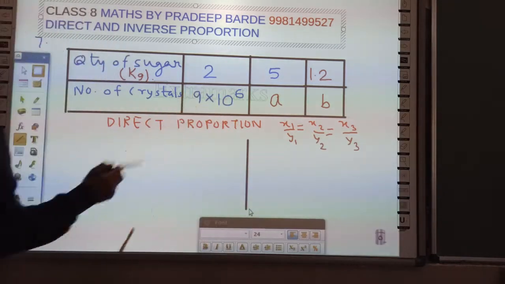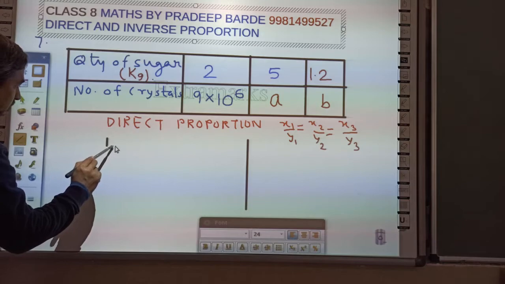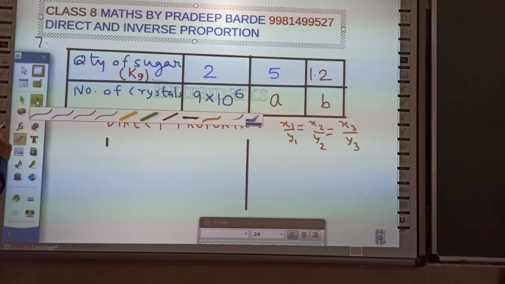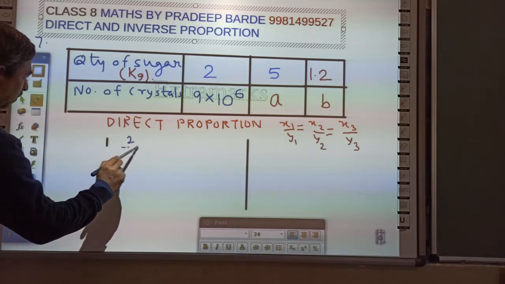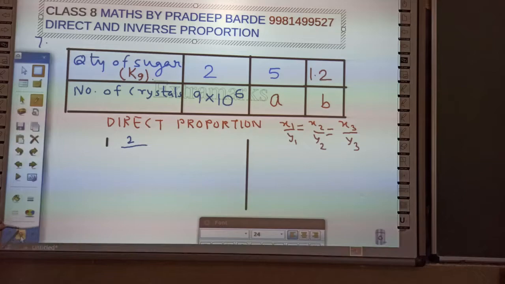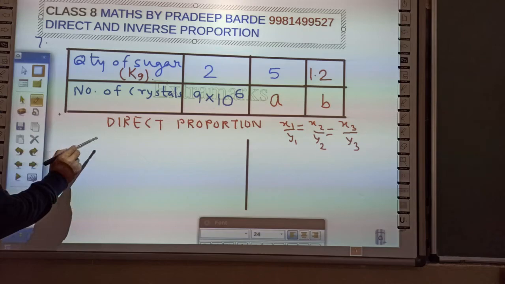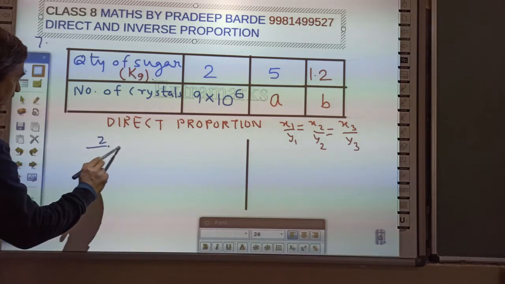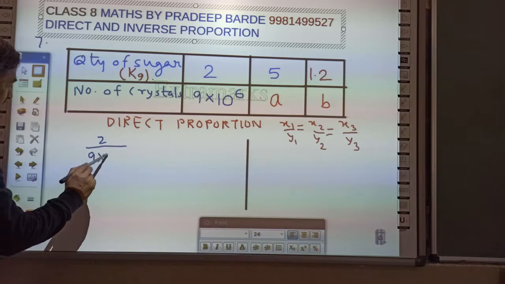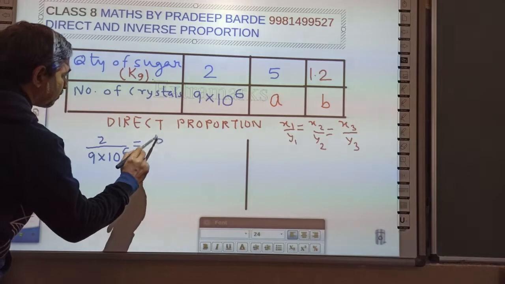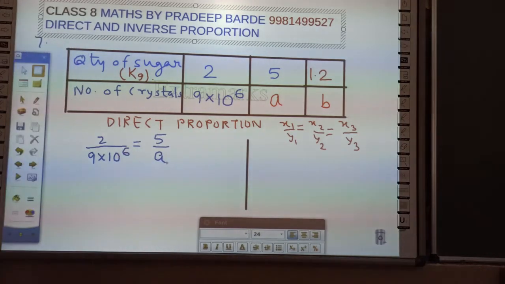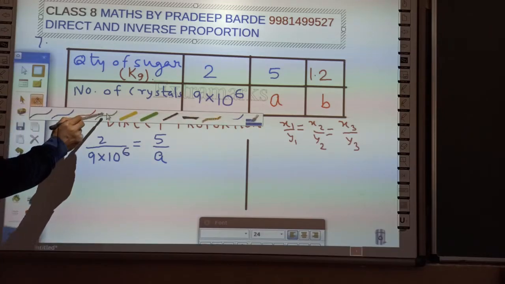first we'll get 2 upon 9 into 10 raised to the power 6 is equal to 5 upon A. Cross multiply.